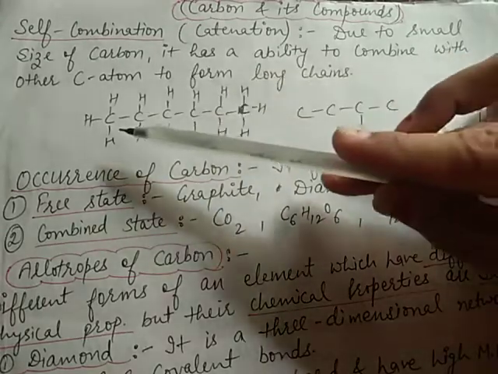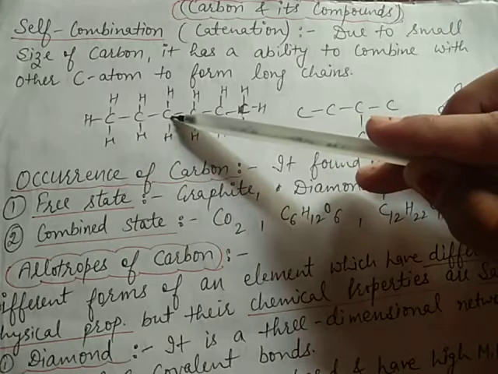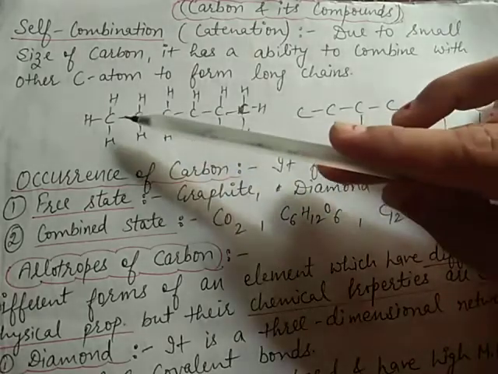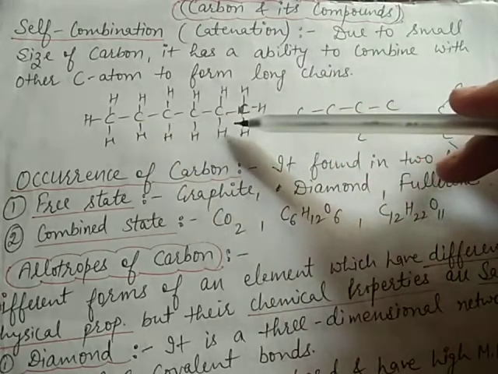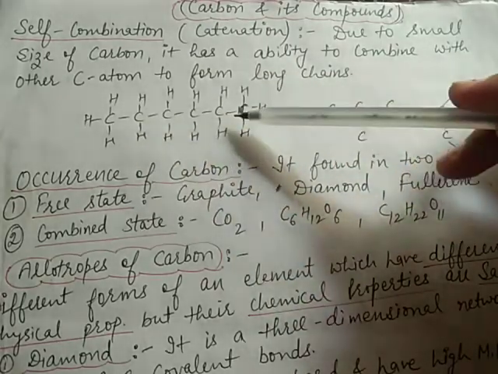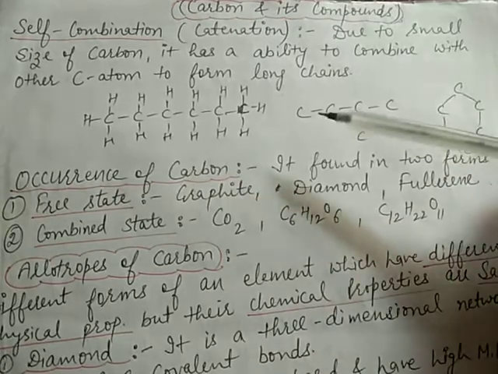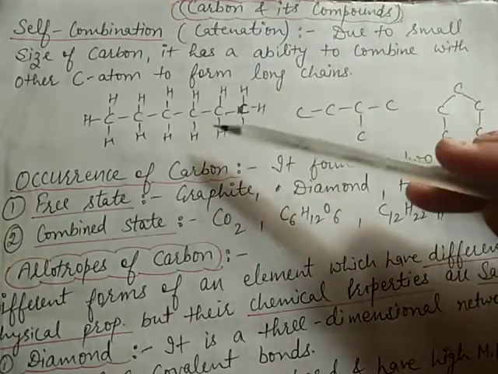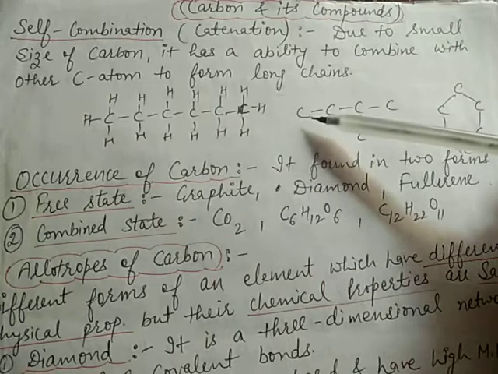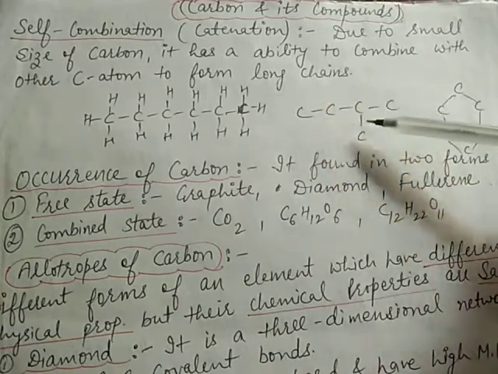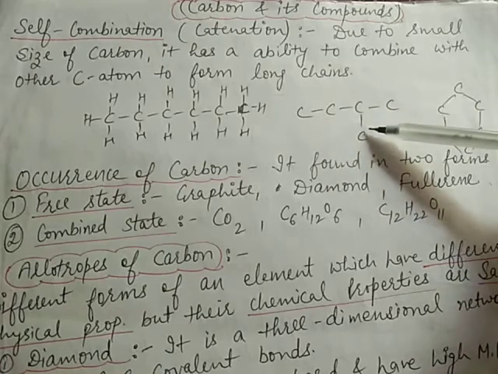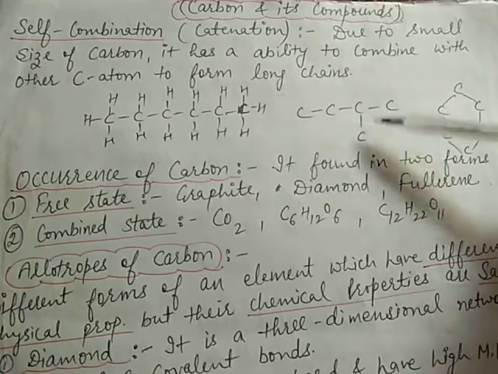Means carbon linked with another carbon, these are arranged here, 1 2 3 4 5 6 carbons are linked with each other to form a long chain. In this case this is a straight chain. In this case 1 2 3 4 5 carbons are linked with each other and one branch is here, so this is the branched form.